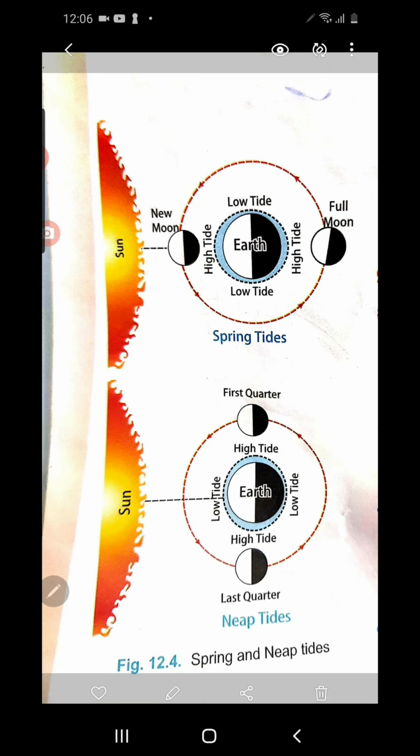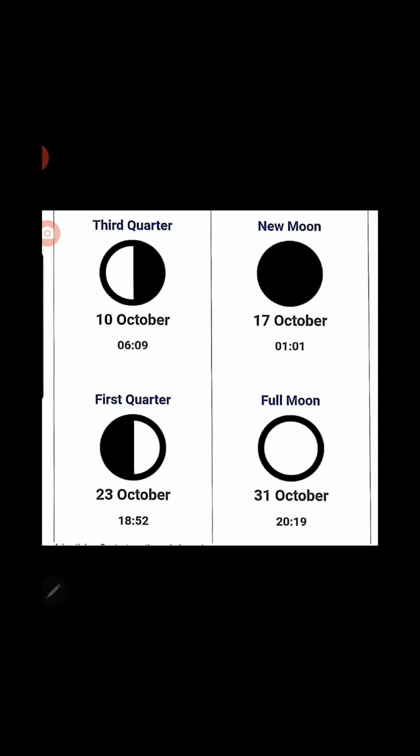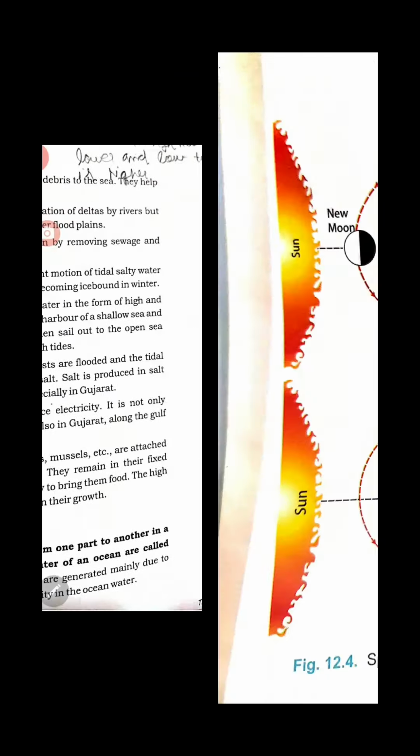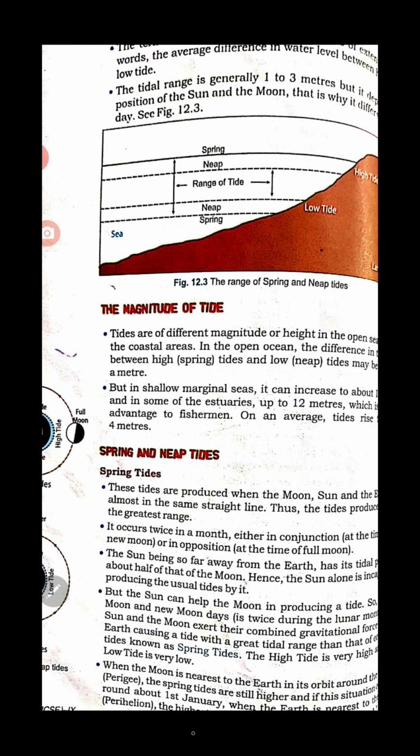Here in the textbook this diagram is given. Now the diagram is very clear to you. New moon and full moon are given here, then first quarter and second quarter. Here you see what is spring tide and neap tide. It is very clearly given here, children.